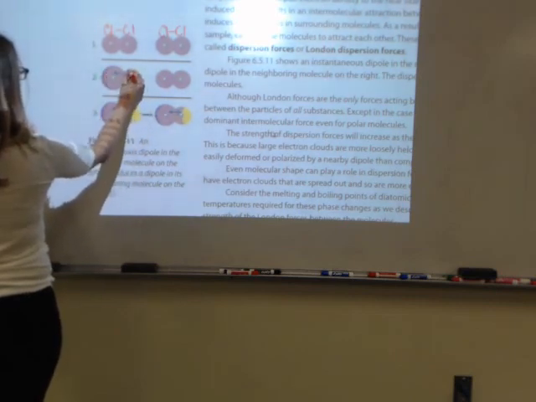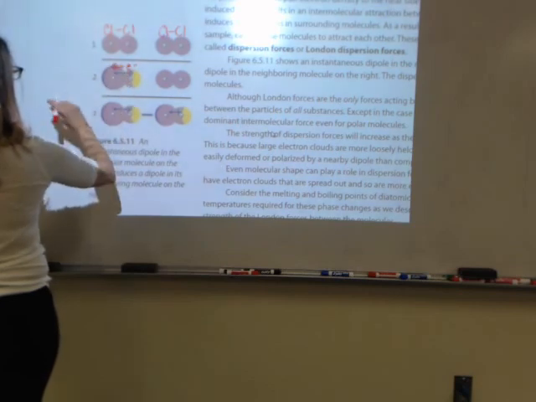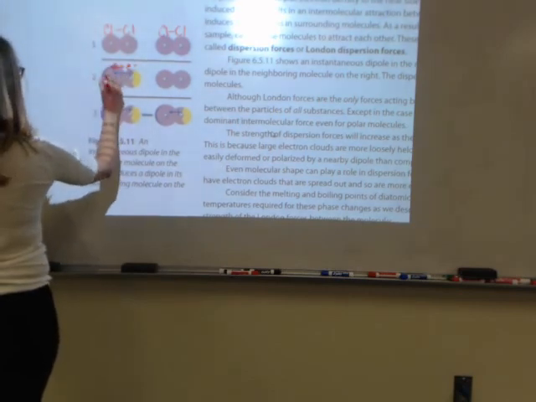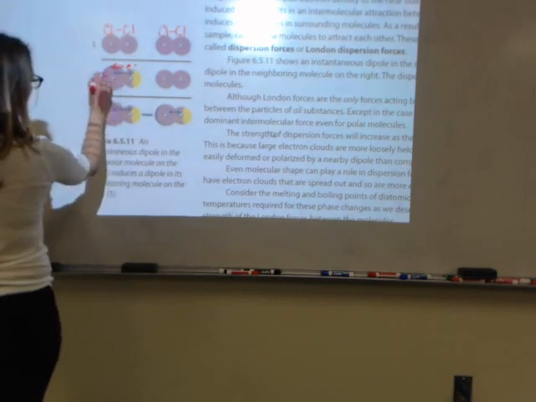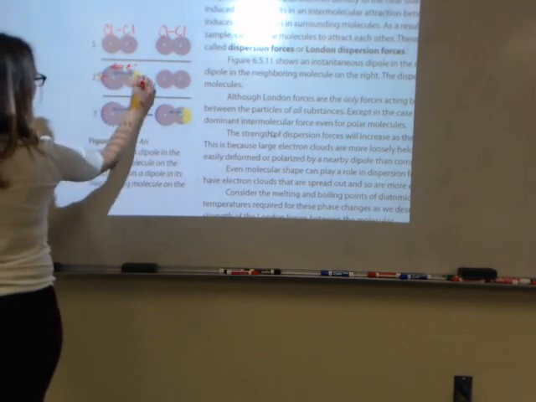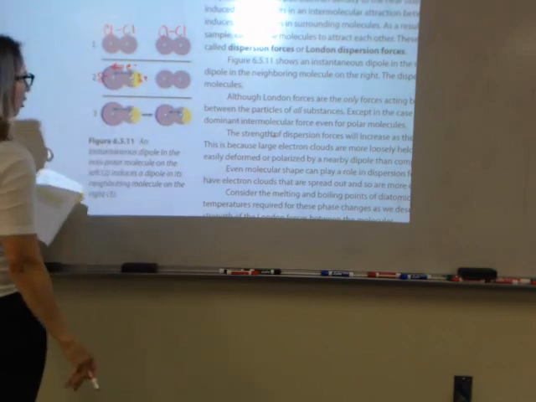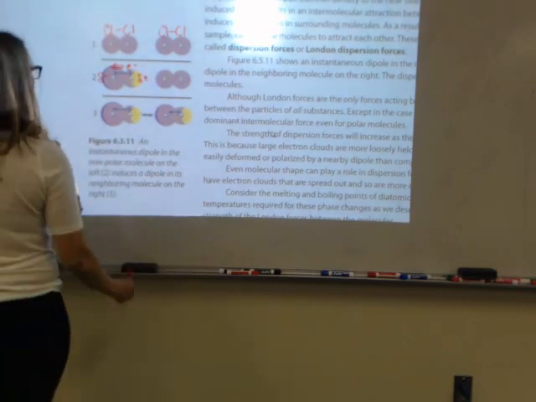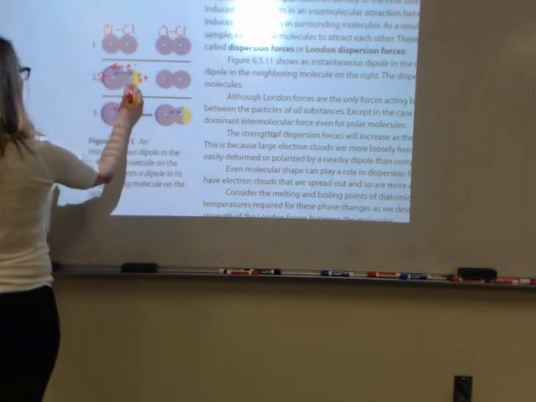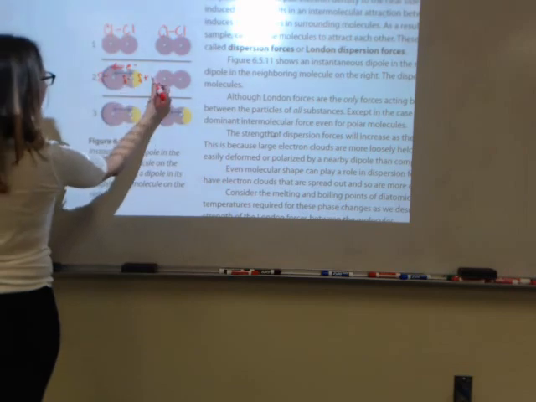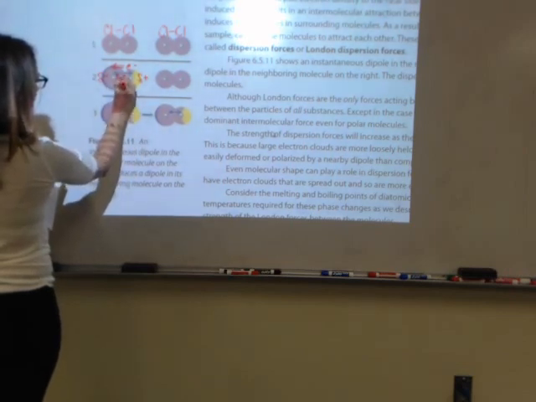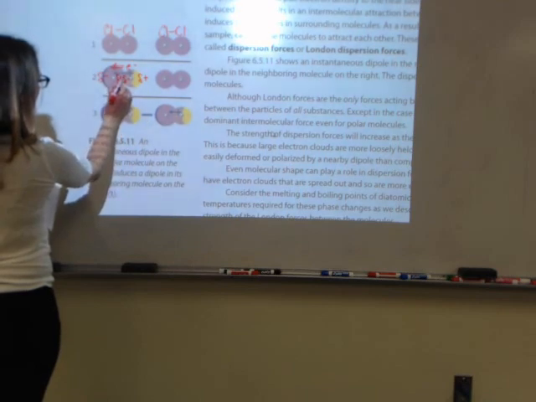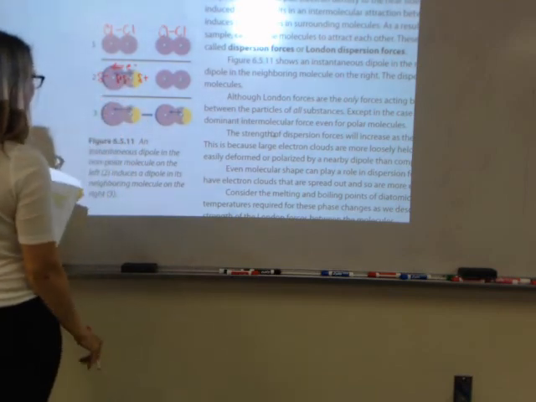If the electrons shift to one side very temporarily and instantaneously, you'll get a partial negative charge wherever those electrons have a higher density, and a partial positive charge on the other end. If we're looking at two different atoms and you have a partial negative on one side and a partial positive on the other, that will influence the electrons in the neighboring atom to shift as well. And then you'll get an attraction between them.